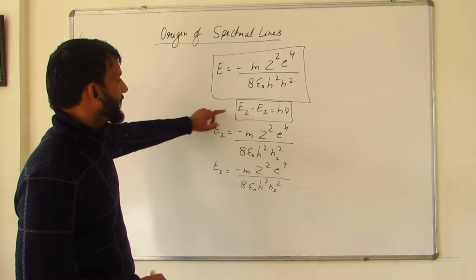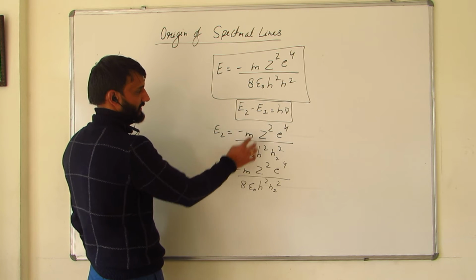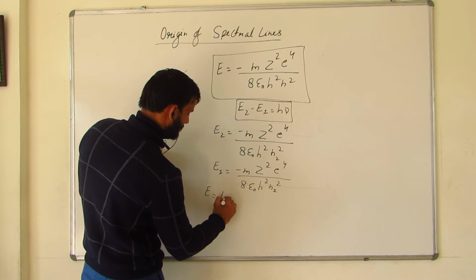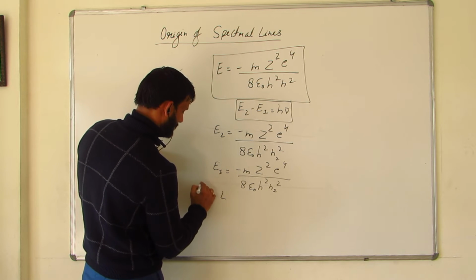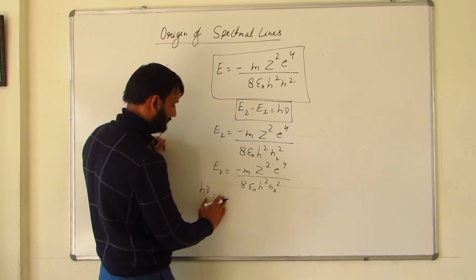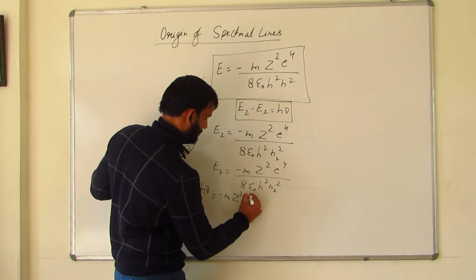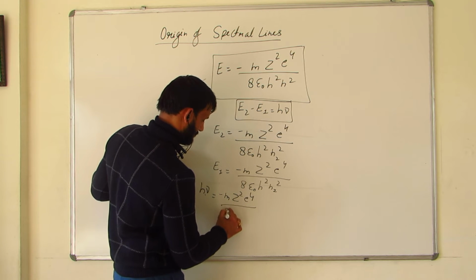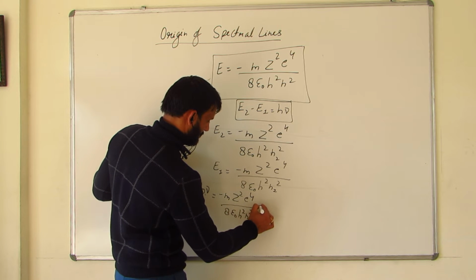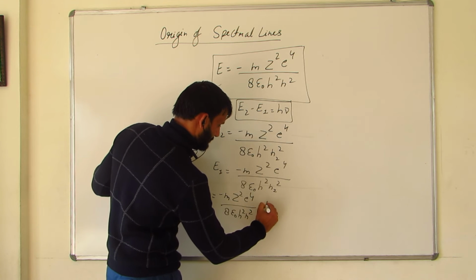Now I have to subtract E2 minus E1. If I subtract it, it will become plus because this minus is already there. So h nu is equal to plus, because minus and minus make plus.